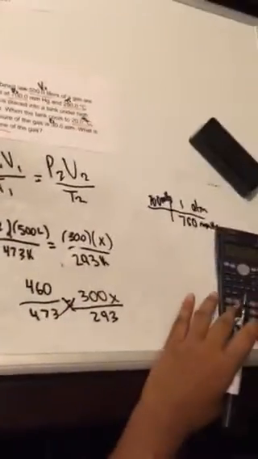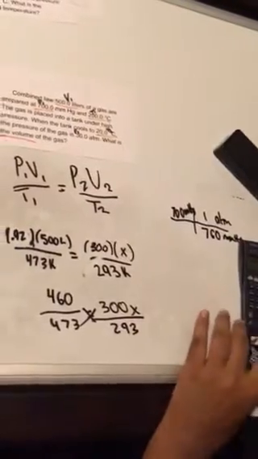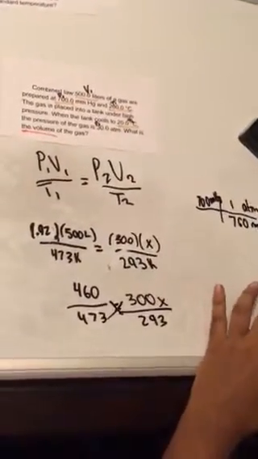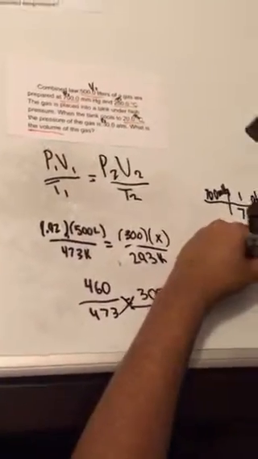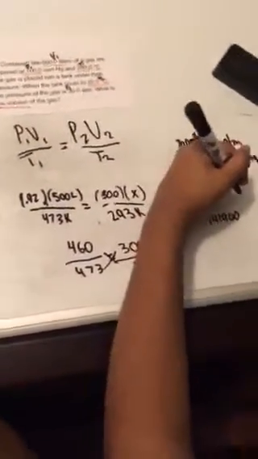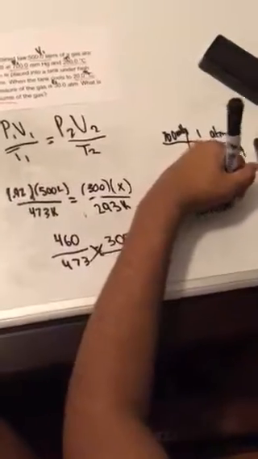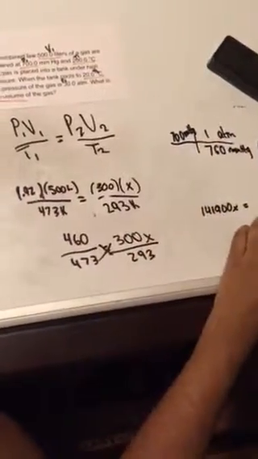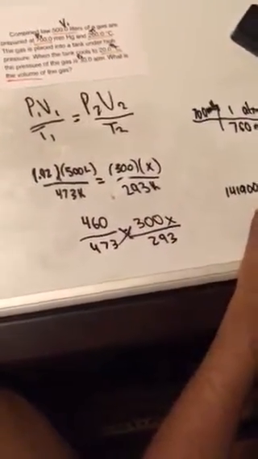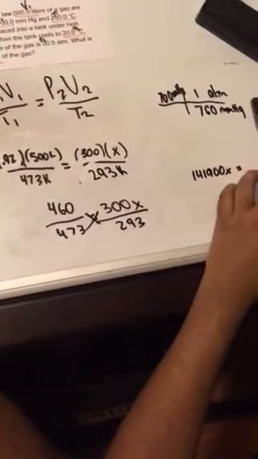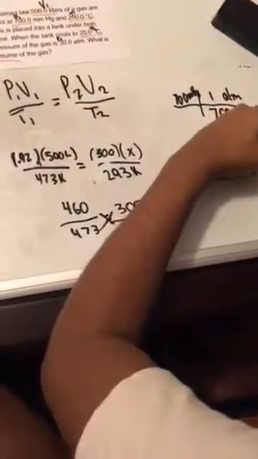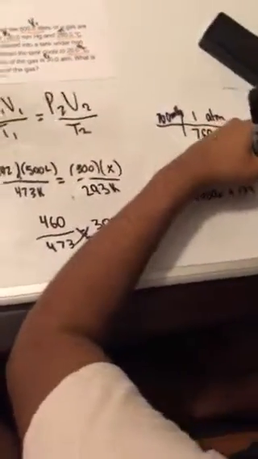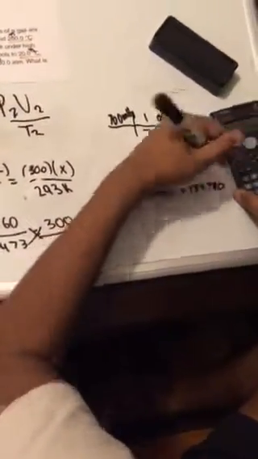So what we do is we would do 300 times 473, which would be 141,900. X equals 134,780.